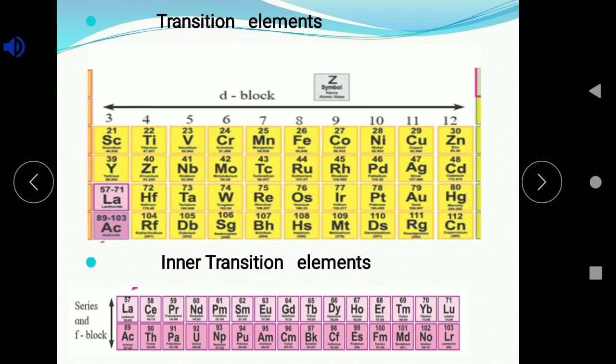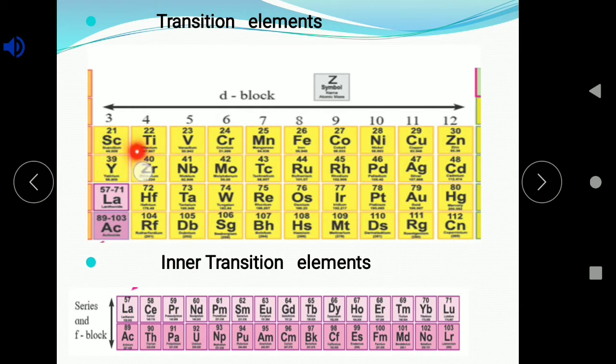What kind of elements are there in the D block? Do you remember? All are metals. Metal property goes on decreasing from left to right, but all the elements in D block are metals. Again, there are 10 different groups because D has the capacity to accommodate 10 electrons.